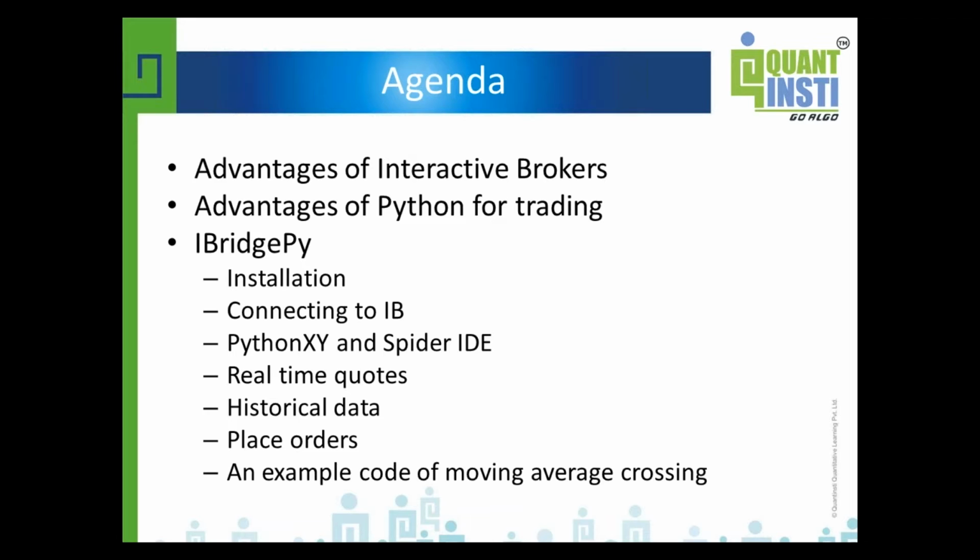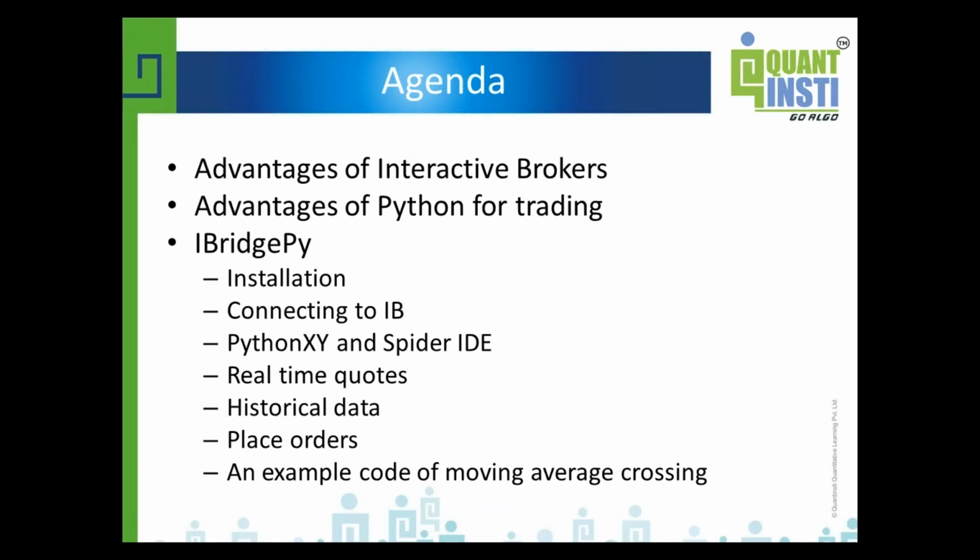And then I will talk about three important areas of real-time trading, which include real-time calls, asking for real-time prices, asking for historical data from IB, and then how to place different kinds of orders, for example, market orders, limit orders, and stop orders.